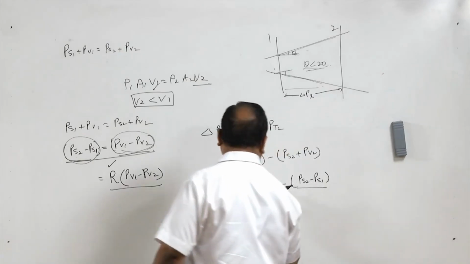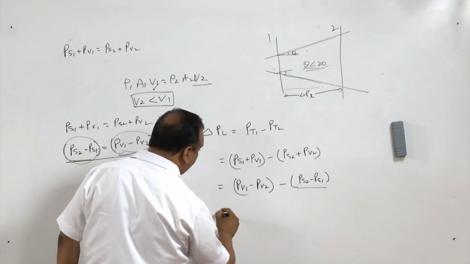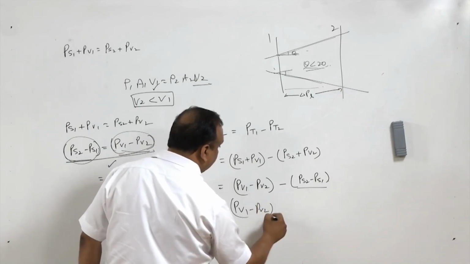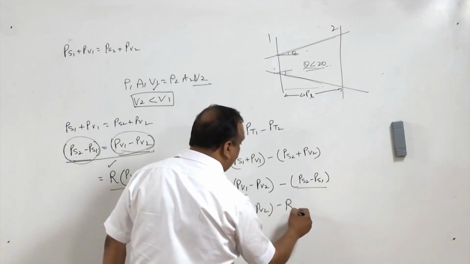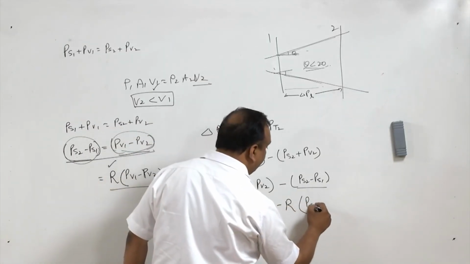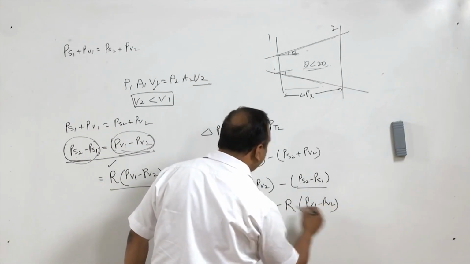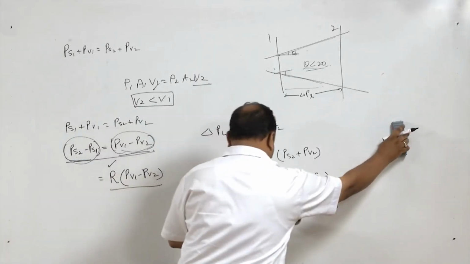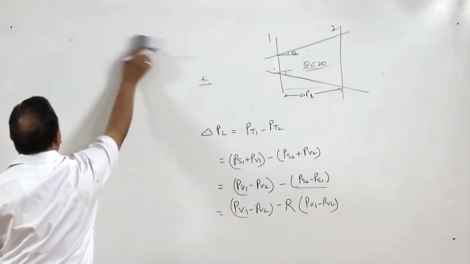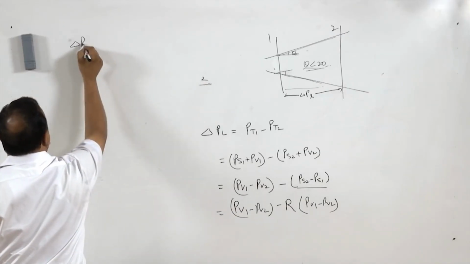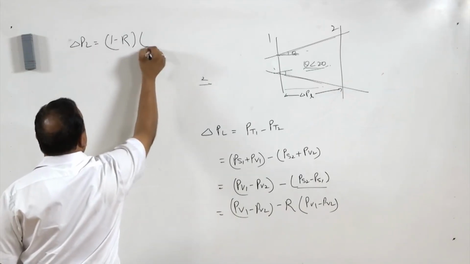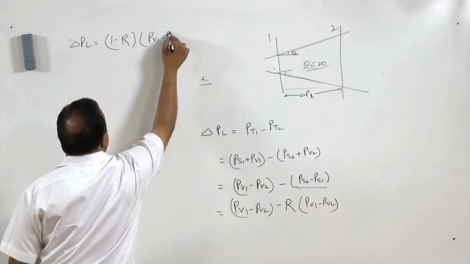It can be expressed in terms of V1 and V2, and it is equal to PV1 minus PV2 multiplied by the static regain factor R. So the friction pressure loss delta PL can be written as 1 minus R times PV1 minus PV2.